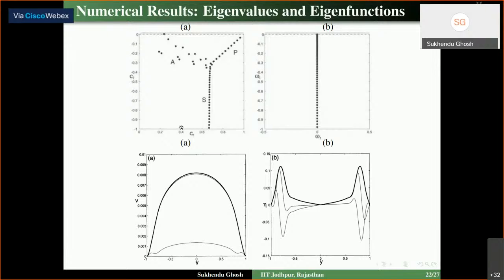When you are discretizing the system, you have a huge number of points. So matrices A and B are big square matrices, maybe 50 by 50, or 30 by 30, or 40 by 40. So analytically it is not possible.